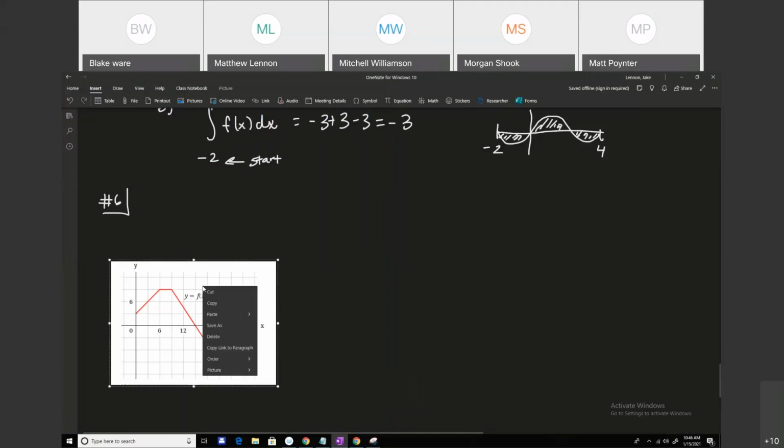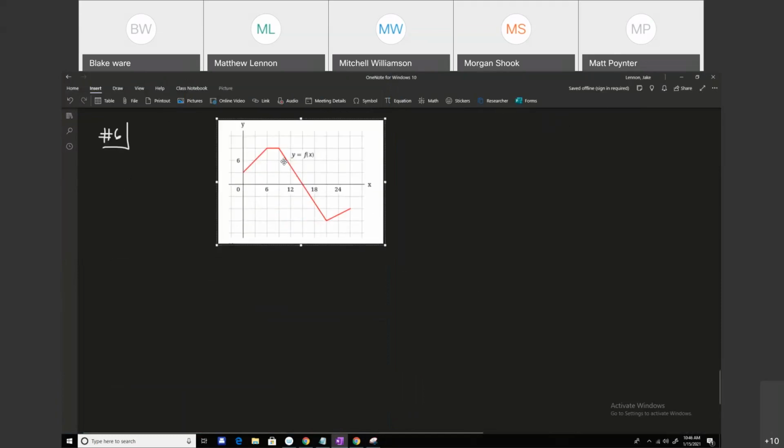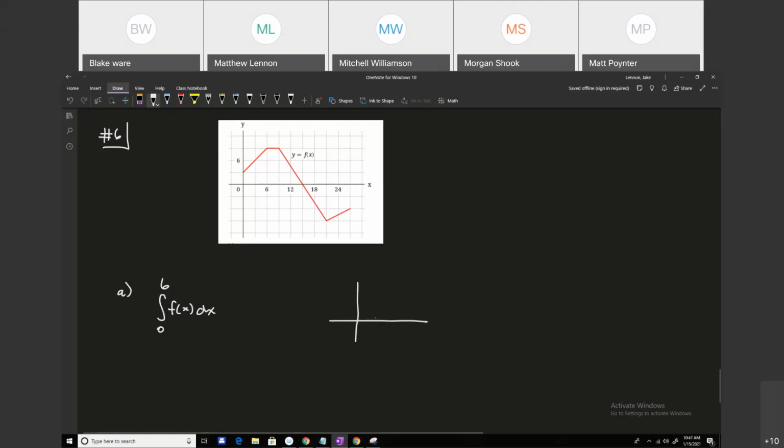Okay, so we have this picture. For A, we were doing the integral of f of x dx from 0 to 6. So essentially, what does that look like? That is this first part.